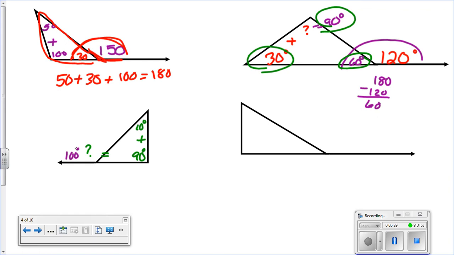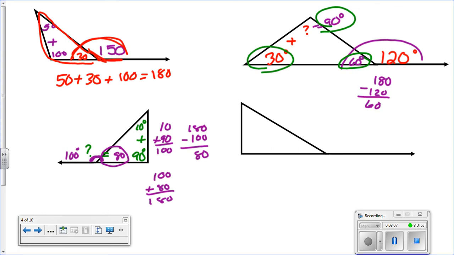Now I can prove that because 10 plus 90 is 100 degrees, and that means this missing angle right here would be 180 minus 100, and that's going to give me 80. So that means this is 80, and therefore these two right here should be 180, and guess what? 100 plus 80 is 180.